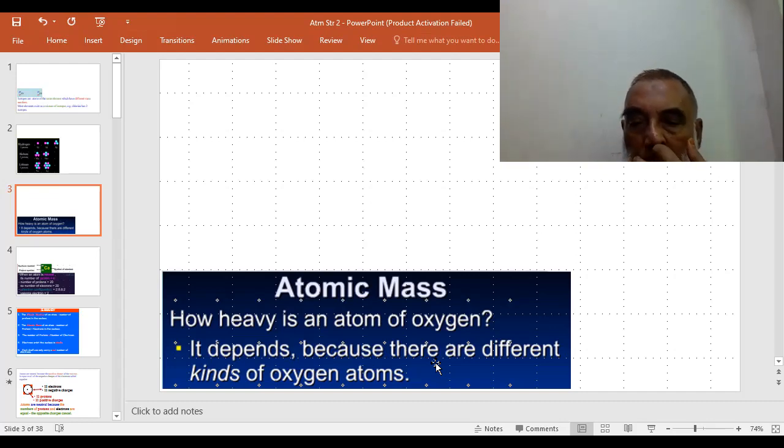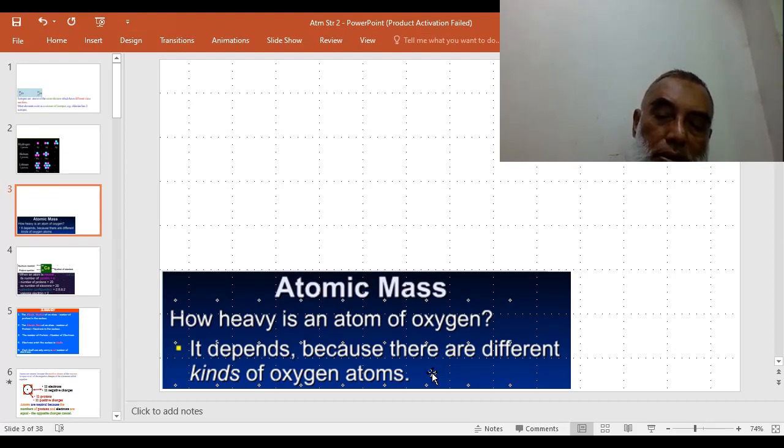Similarly, in case of carbon 12 and carbon 13, there are 2 isotopes. In carbon 12, there are 6 protons and 6 neutrons, so its atomic mass is 12. In case of carbon 13, the number of protons is 6 and the neutrons are 7, so its mass number is 13.